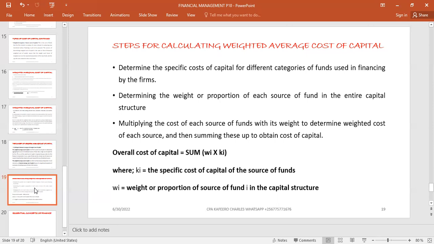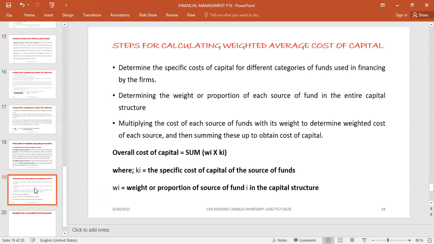You have to break it down, and each component gives its own cost of capital, or the required rate of return. We are saying determine the specific cost of capital for the different categories of funds used in financing by the firm.